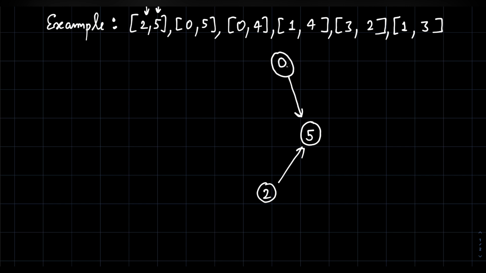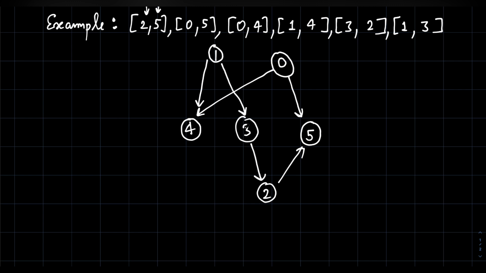I can only reach 0 if and only if I complete this 5. Now for 0, 4, I can only reach 0 if and only if I complete this 4. 1, 4. I can only reach 1 if and only if I complete this 4. So this is the kind of graph that we are going to get.